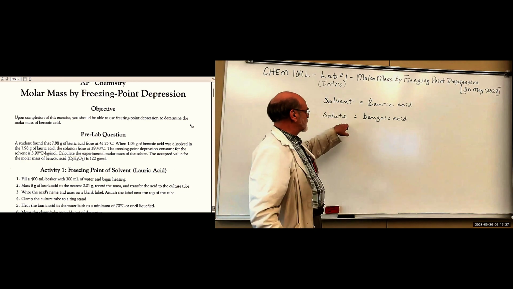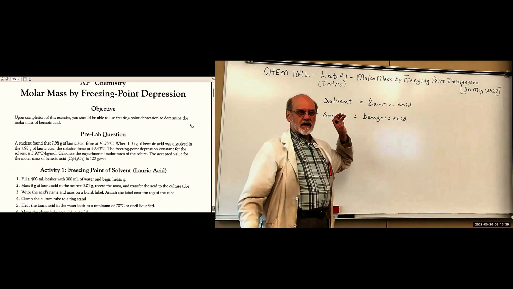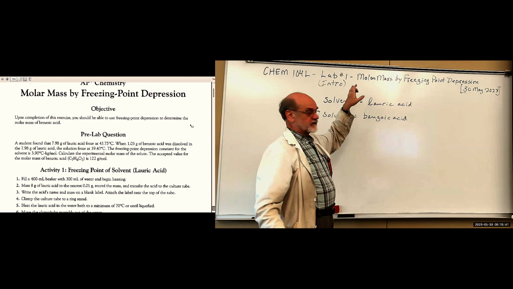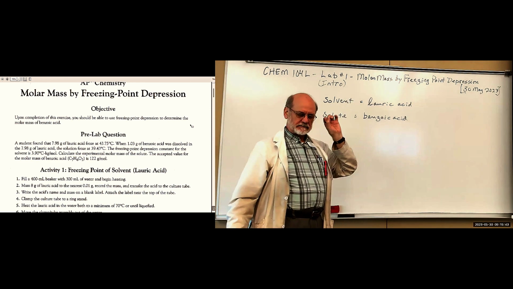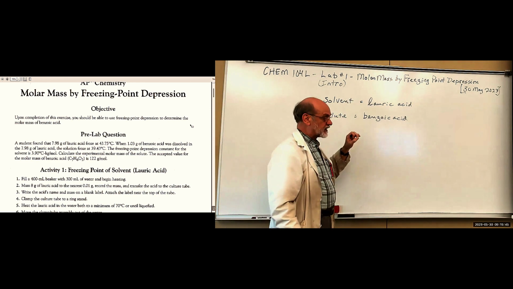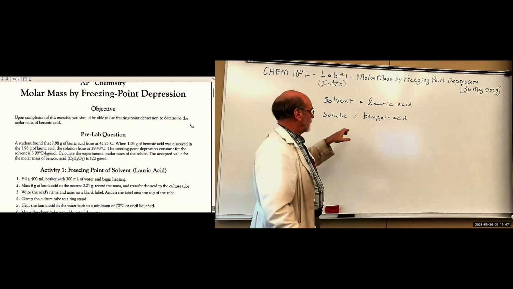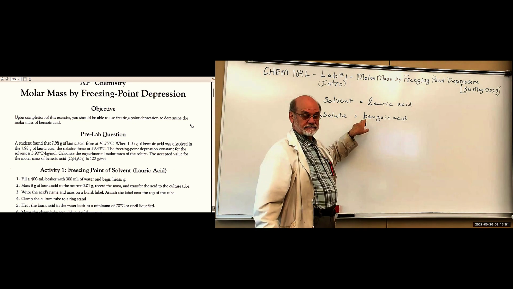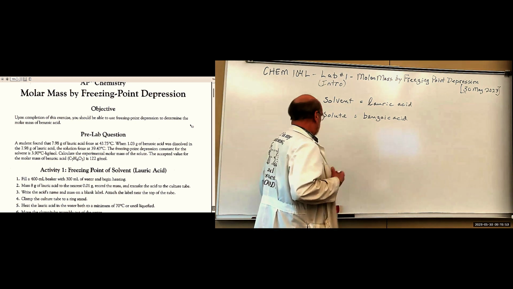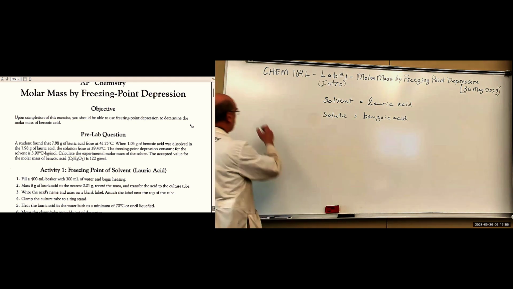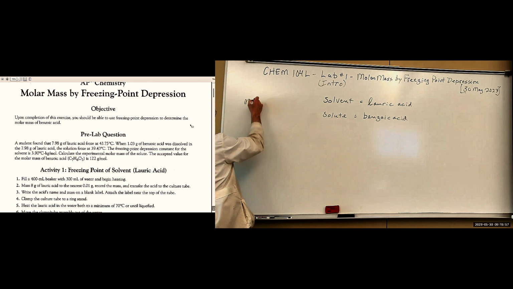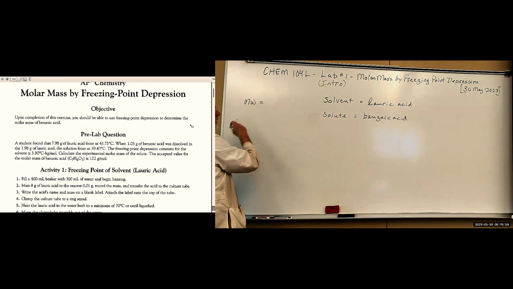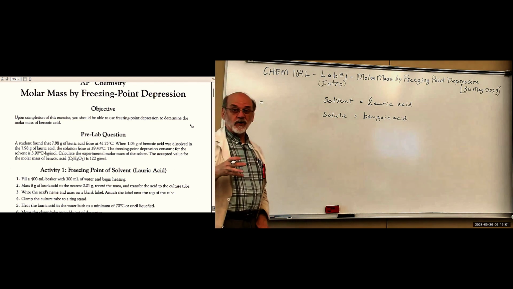Now, it doesn't matter what the solute is for the colligative property to work. But we're interested in the molar mass of this compound. So as a review, what do we need to know to calculate molar mass?